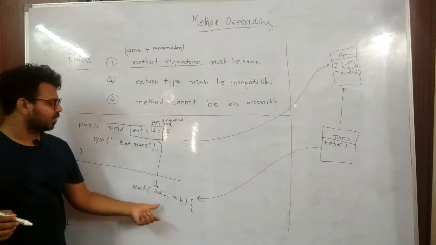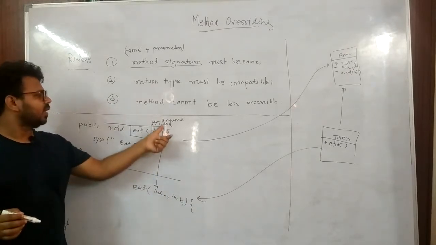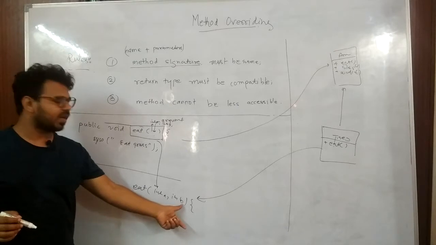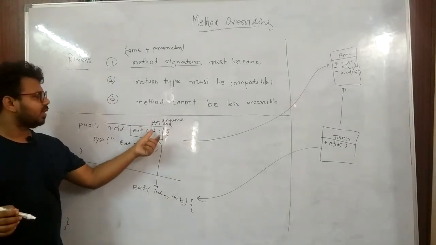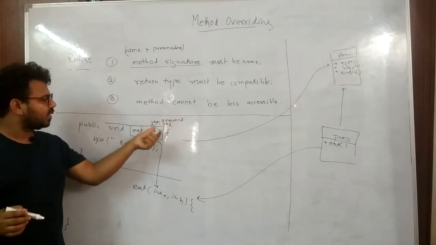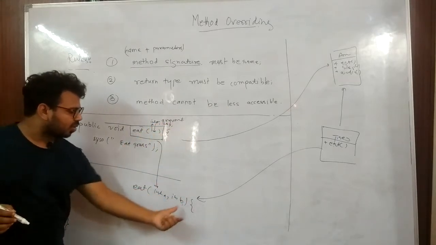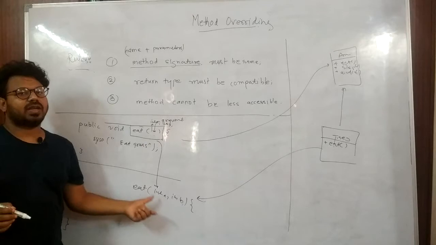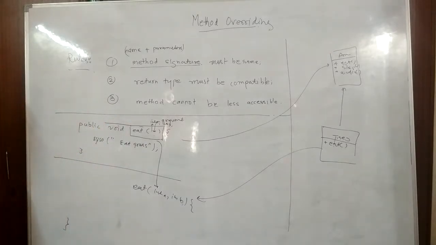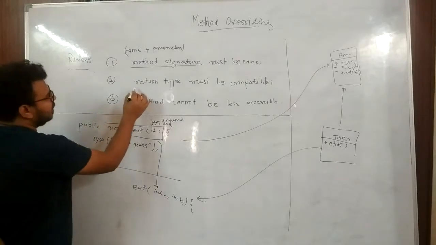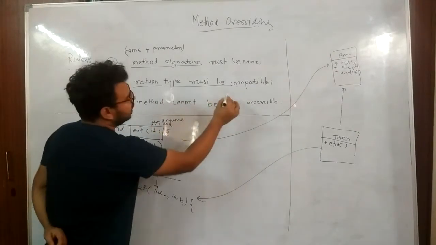Here we have 2 arguments, so we will have 2 arguments. If we have 3 arguments, we must have 3 arguments. If it does not contain any argument, then it must not contain any argument while overriding.